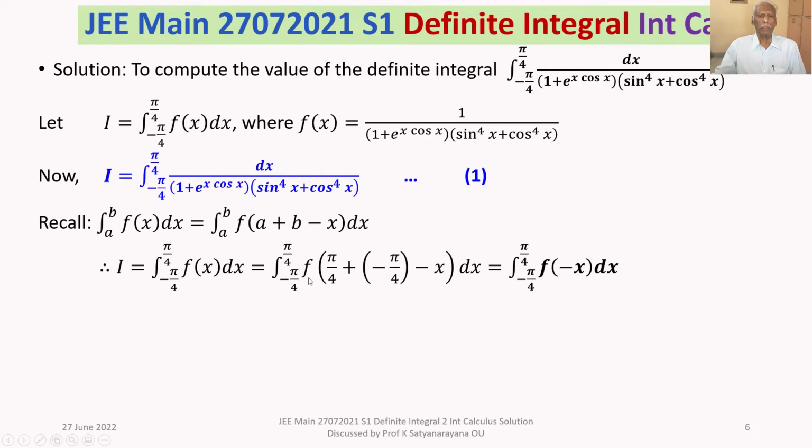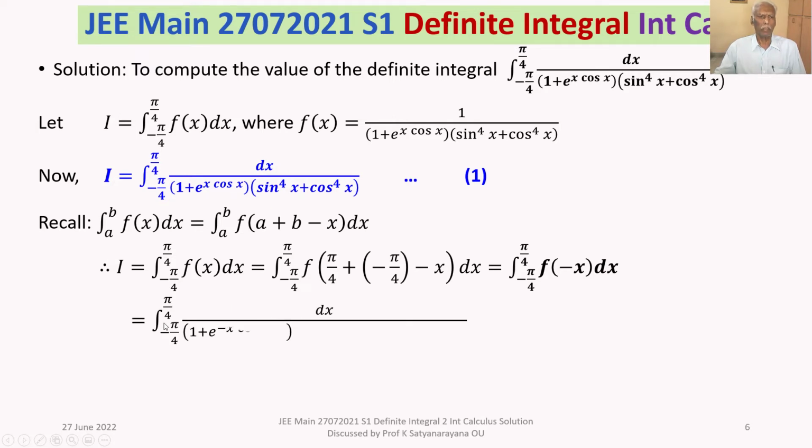Then the integral from minus pi by 4 to pi by 4 of f(a plus b minus x), the lower limit pi by 4 plus the upper limit minus pi by 4 minus x, and pi by 4 minus pi by 4 cancels, and you will get the integral of f(minus x) dx from minus pi by 4 to plus pi by 4. That means we now replace x by minus x in the integrand.